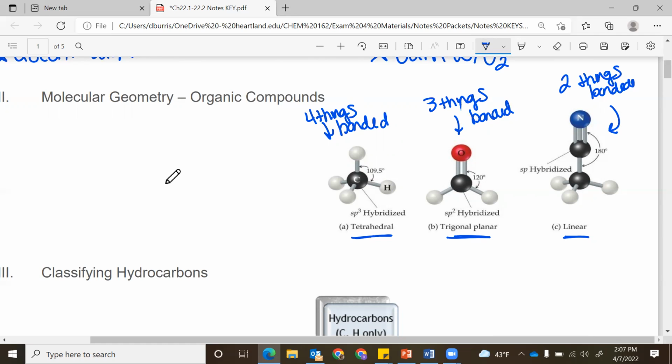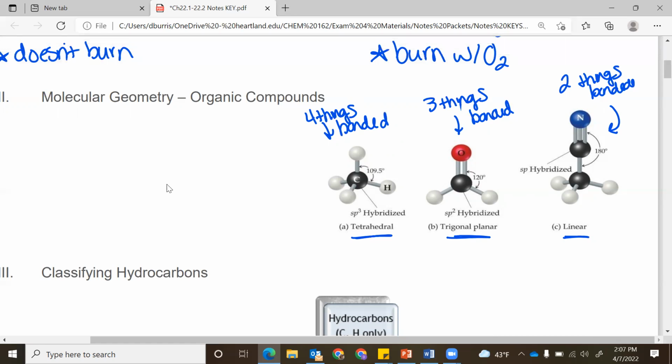Again, this is something from 161 you may or may not remember. Essentially, when you have 4 domains, the hybridization is sp3. There's an S and 3 Ps involved in the hybridization. If there's 3 things bonded to it, it's sp2 hybridized, meaning 1 S and 2 P orbitals are used. And if it's 2 things, it's sp hybridized. If you don't remember what those mean, honestly, if you just memorize that tetrahedral and sp3 is when you have 4 things on there, that's fine.